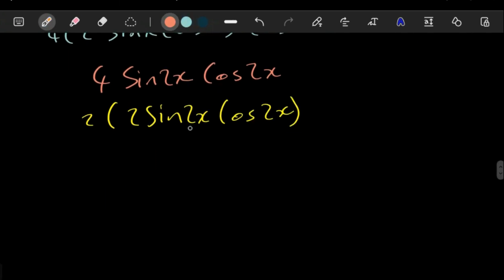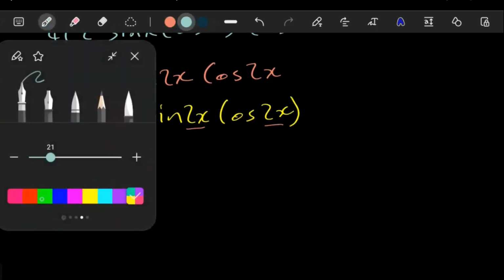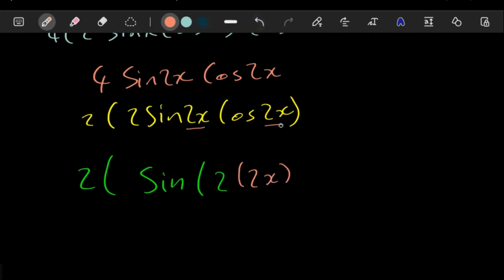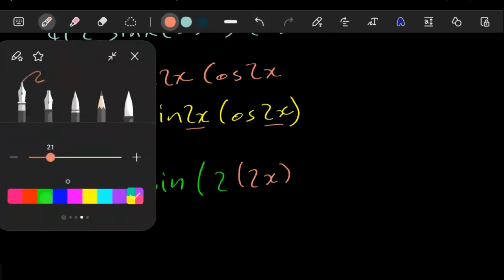Now what you want to keep in mind is that this and this here is what is going to be at your angle. Because remember, you have a 2 out here. This is going to be equal to sine with the 2 here, and then obviously we have the 2x over here, and then your close bracket.